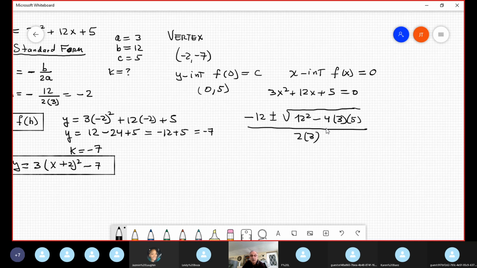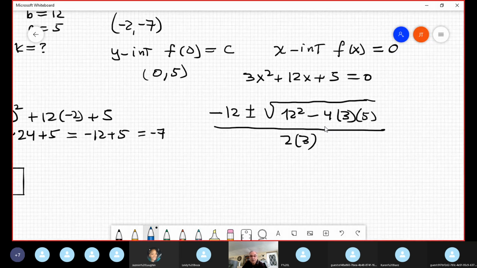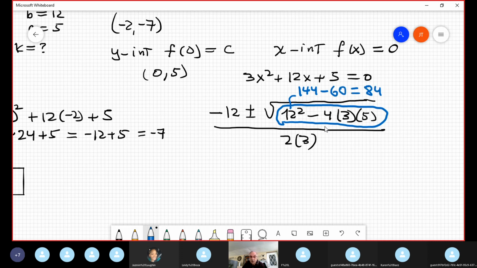I focus in the expression inside the parenthesis, no? Okay, I put in my calculator, no? 12 squared, 144, minus 4 times 3 is 12 times 5 is 60. Now subtraction is 84. Unfortunately, 84 is not perfect square. Okay. Entonces -12 plus or minus square root 84 divided by 6.